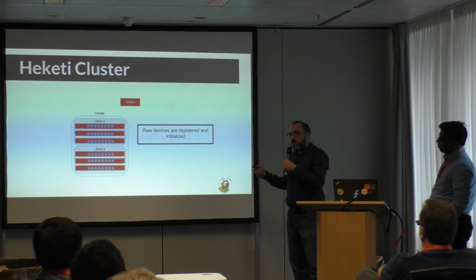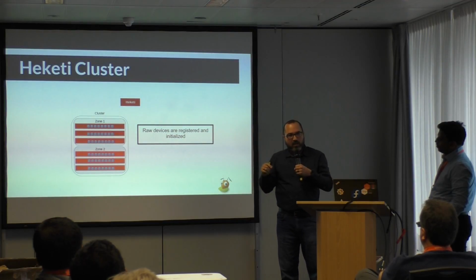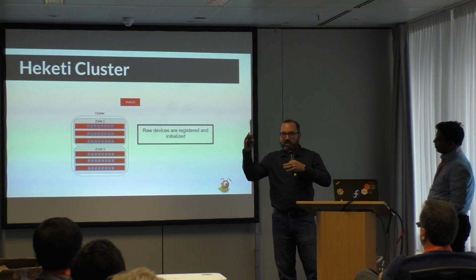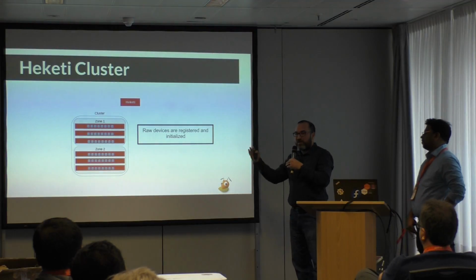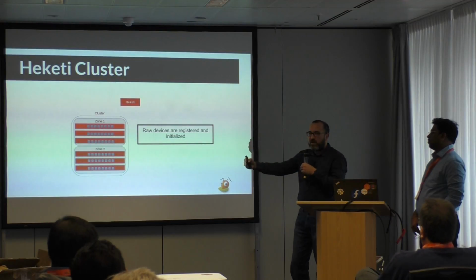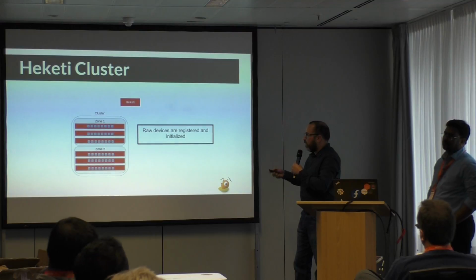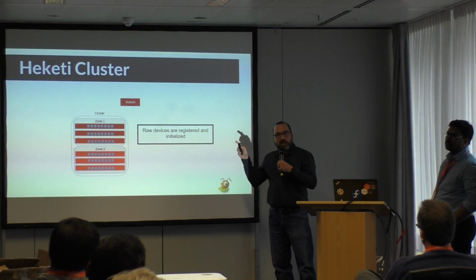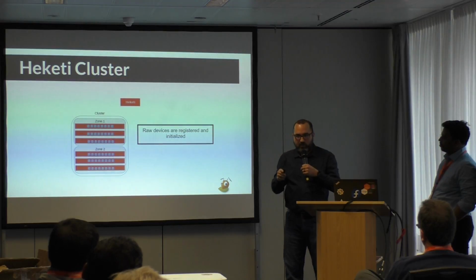But what we have to do now is register the drives on those nodes with Heketi. It doesn't go out there automatically and start picking drives, because it could pick a drive that you wanted it not to use. Instead, you specify which of the drives in those systems it can use. When you tell it a drive, it has to be a raw device, not a file system, okay?